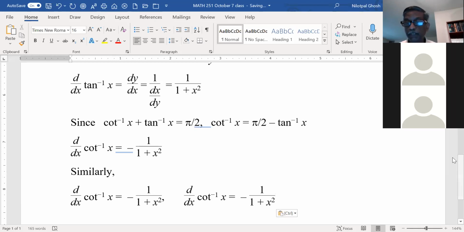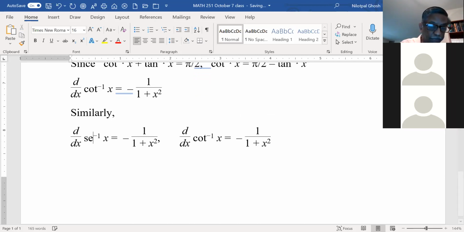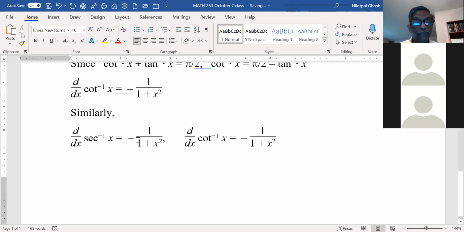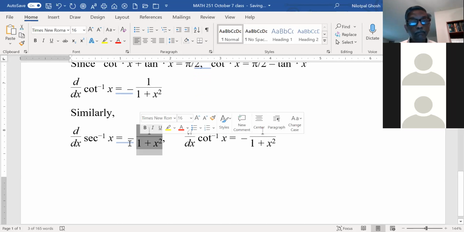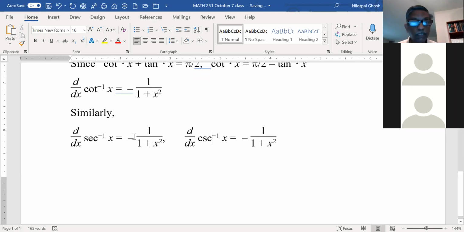Okay, so let me make some changes. So this first one is sec inverse x or arc sec x. And this would be cosec inverse. Okay, these are not the right numbers. You have to change this one.